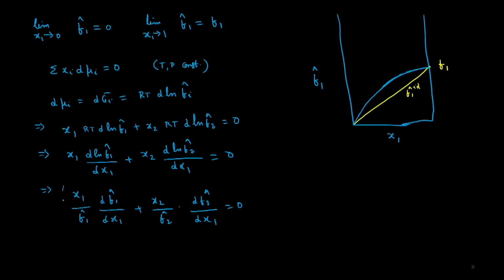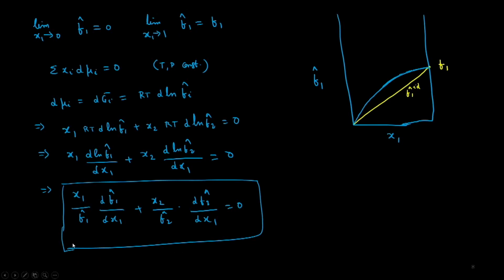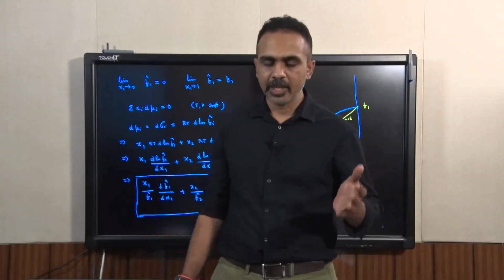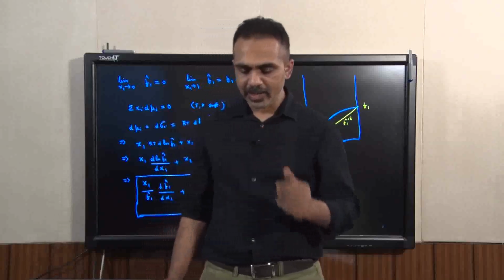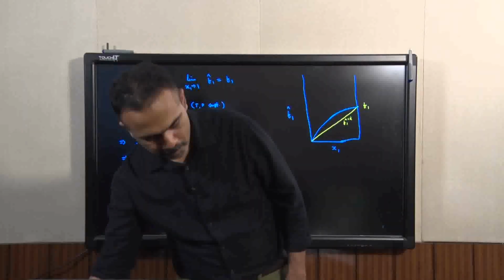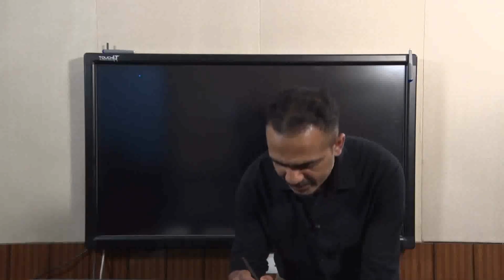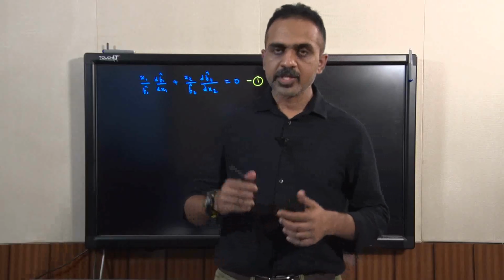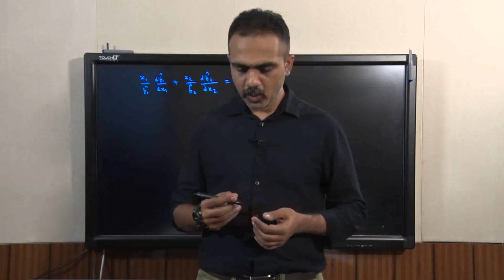So this is a requirement because the Gibbs-Duhem equation always needs to be satisfied. So f_1 hat and f_2 hat in that sense are not completely independent. They are somehow related to one another. So let's re-emphasize that again: this equation 1 is the Gibbs-Duhem equation.